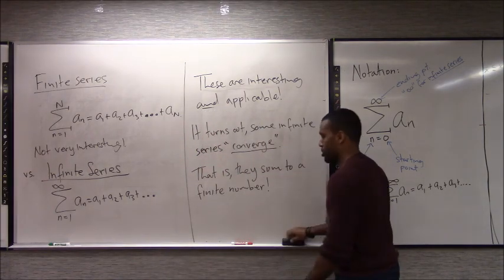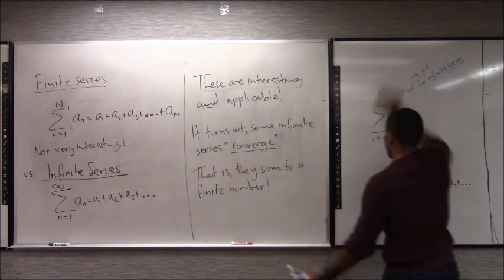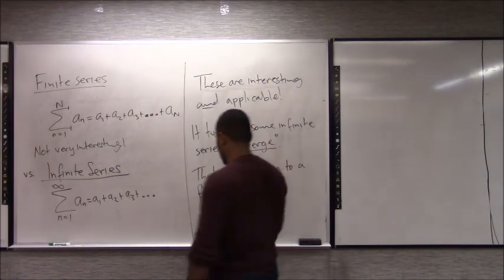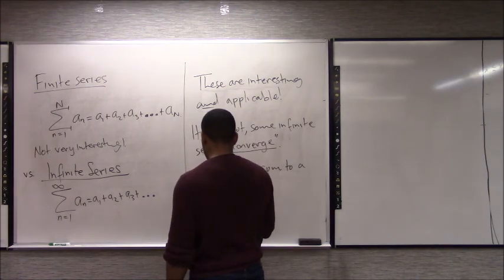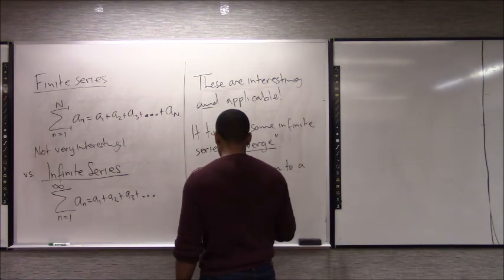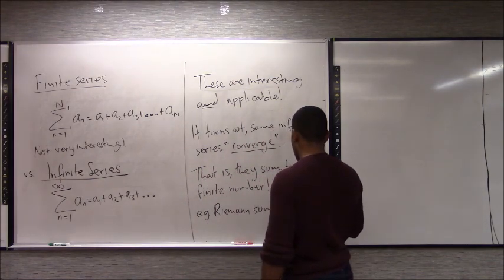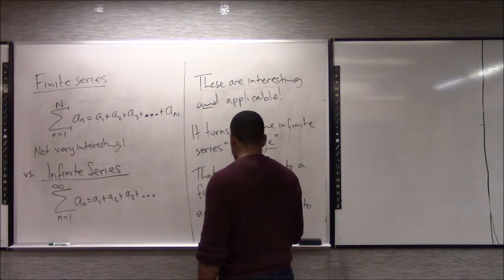Now, probably a year ago, you guys would have been surprised by that, but of course, that's not surprising at the moment. For example, a Riemann sum is an example of an infinite series that sums to an integral.